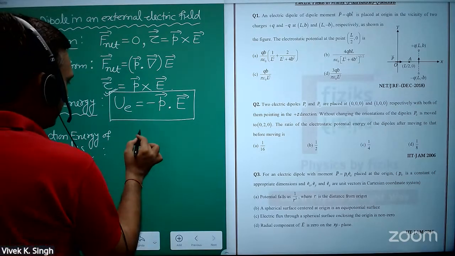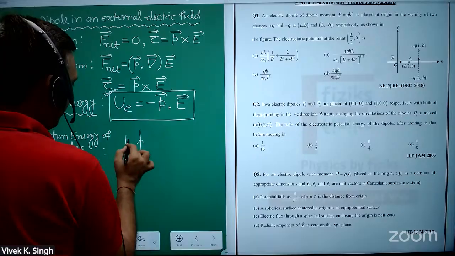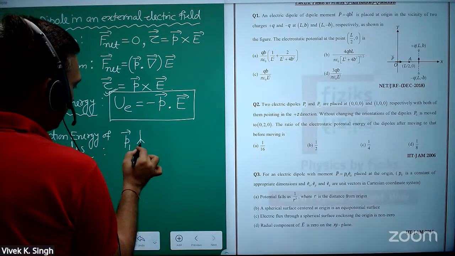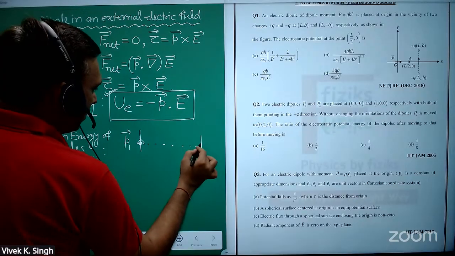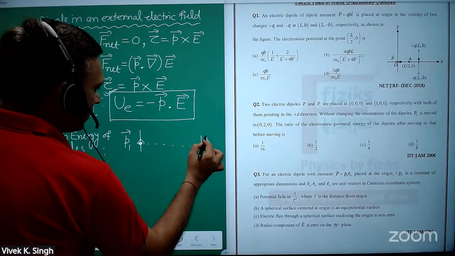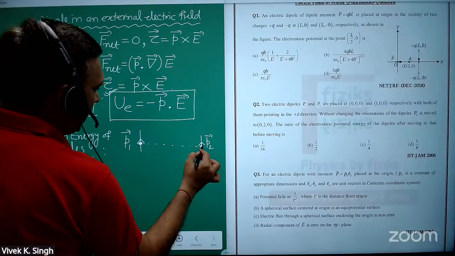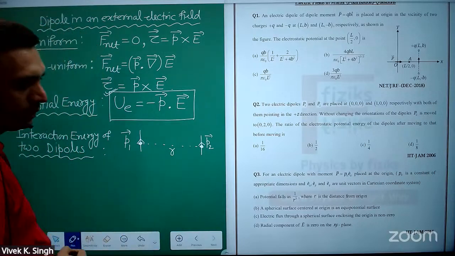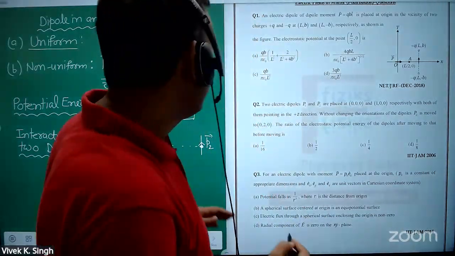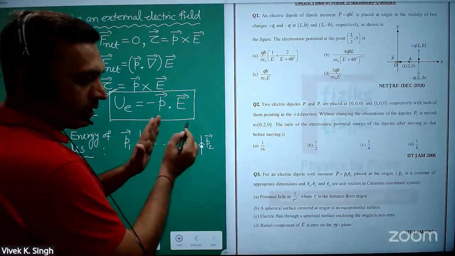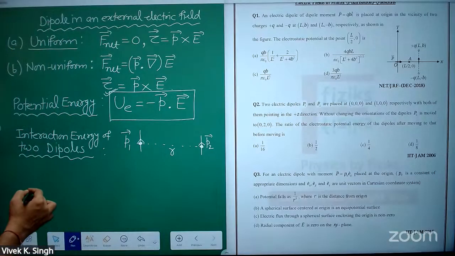So if you consider one dipole P1 and another dipole P2, placed r distance apart, what will their interaction energy? It is the potential energy of one dipole in the external field of the other dipole.